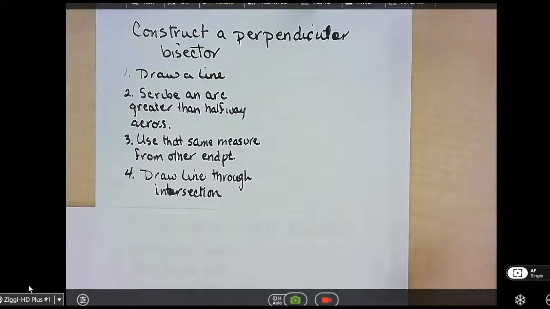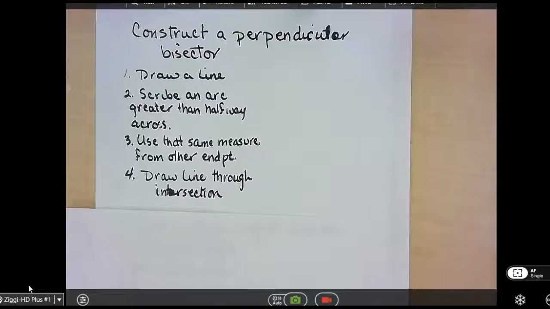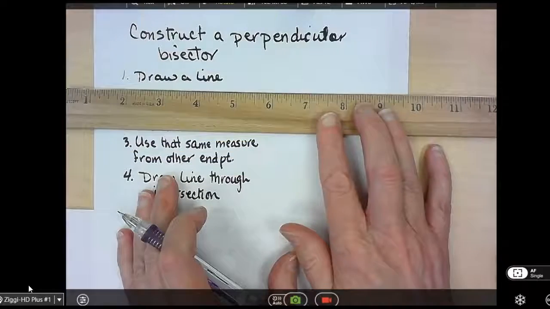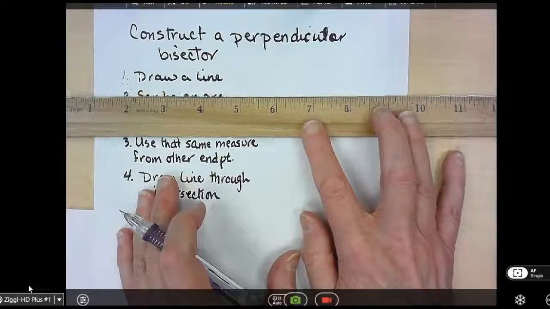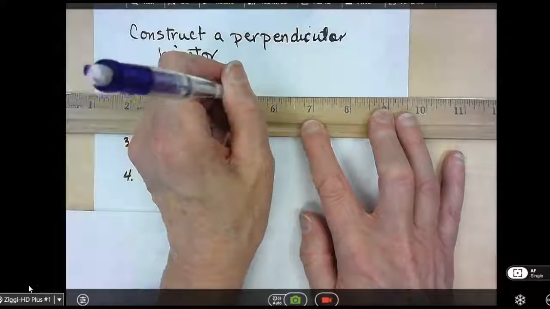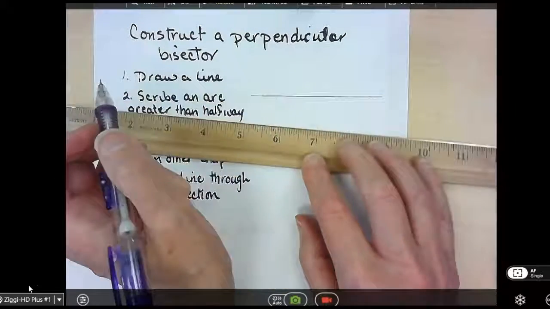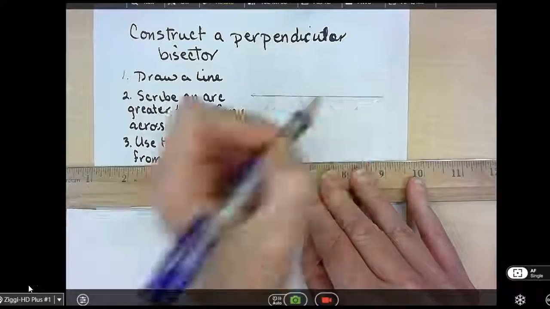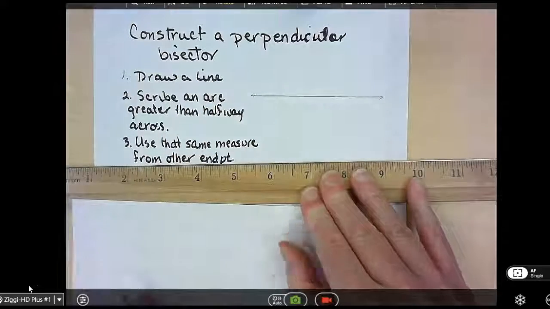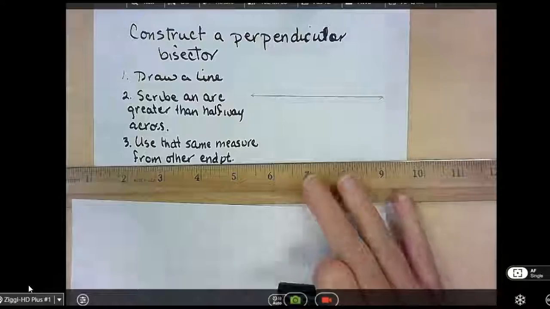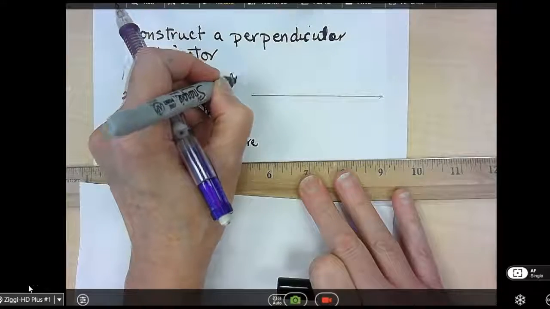Okay, so here's my directions. First thing I want to do is draw a line. So anywhere on your paper, draw a line, and I want to label it with A and B.